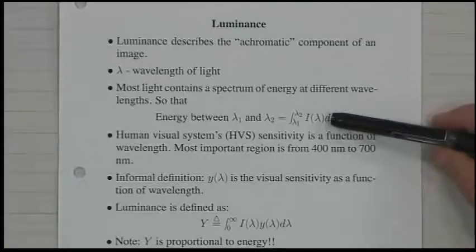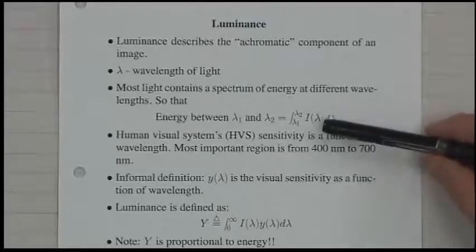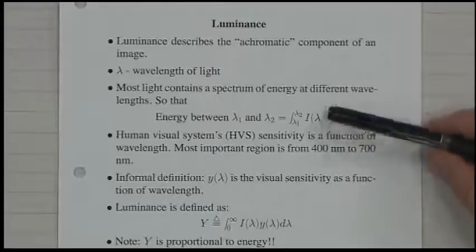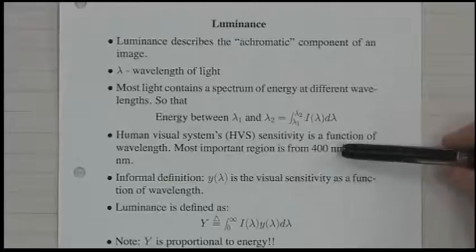I could teach a lecture or two on all this, but I don't have time, so let's not worry about it too much. The point is this: I here is proportional to energy. It may also be normalized by other quantities, but it's proportional to energy, and that's very important.